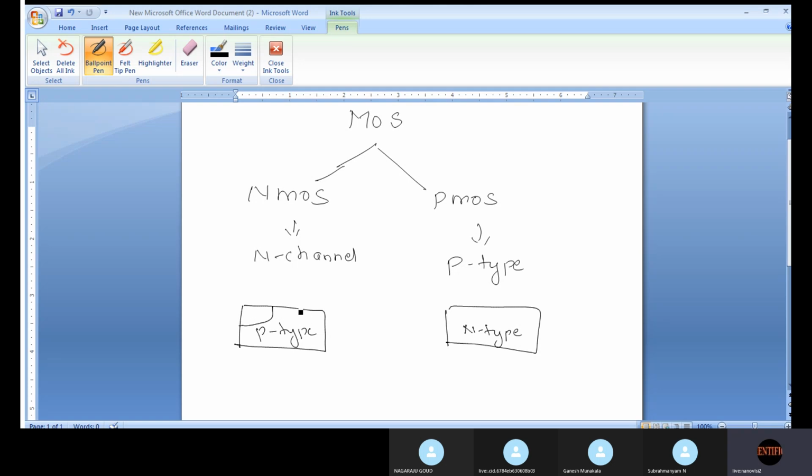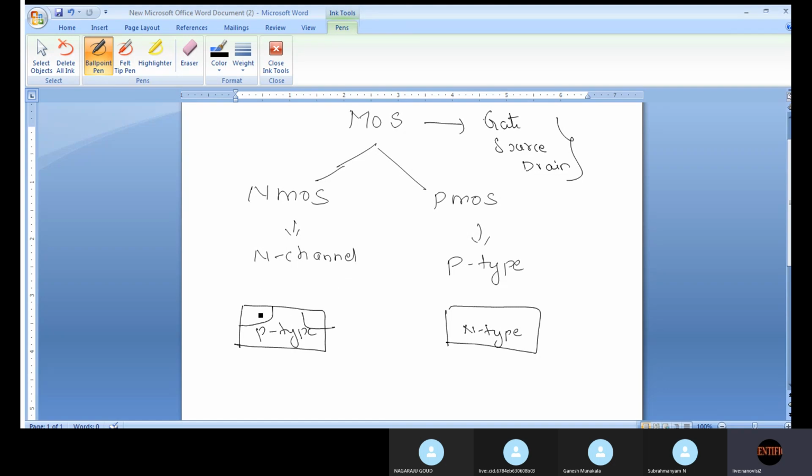And you will be having source and drain regions. The three terminals of the MOSFET are gate, source, and drain. These are the basic things, that's why I'm explaining you.